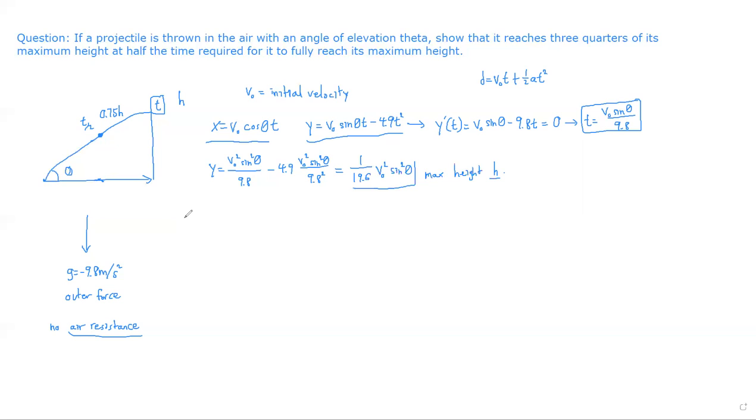All right, now let's consider what happens when the ball is at half the time, at t over 2. So this t is the time it takes for the ball to reach its maximum height. So we say here t is equal to v naught sine theta over 19.6, because that's half the time. What happens here?